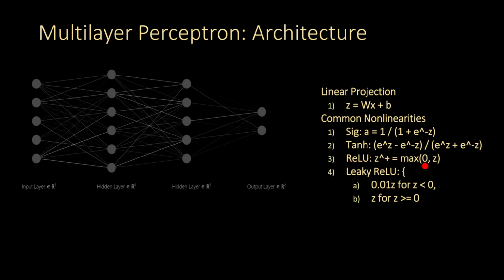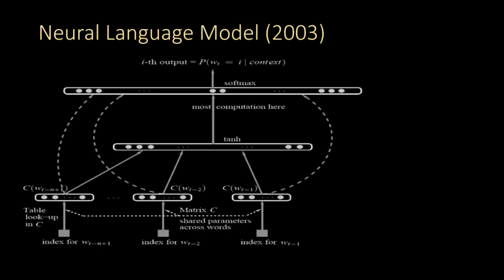ReLU is a special nonlinearity where anything at or smaller than 0 is 0, and above that is linear. Hyperbolic tangent is similar to the sigmoid function, with the difference that it goes from -1 to 1 as opposed to 0 to 1.